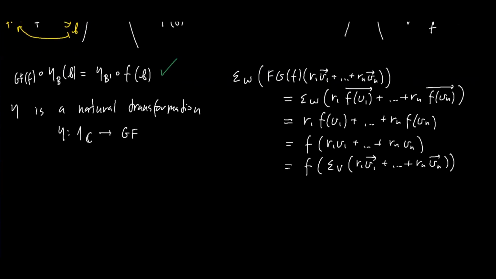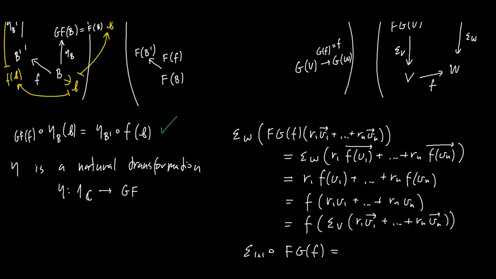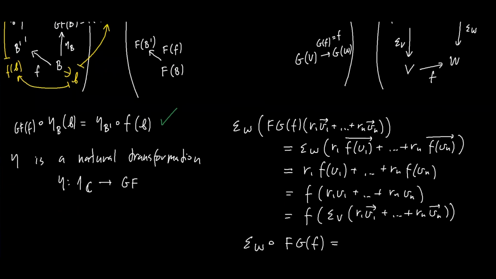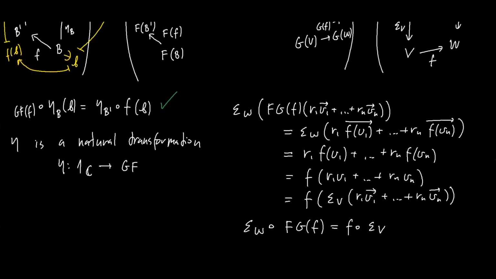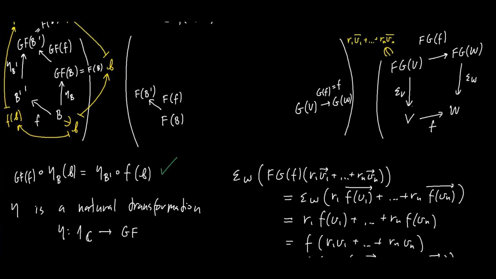What does that mean? That means that this composite equals, I think I made a mistake here. No, I didn't. Sorry, didn't make any mistakes. Equals f composed with epsilon v, which is exactly what we want in order for epsilon to be natural transformation.